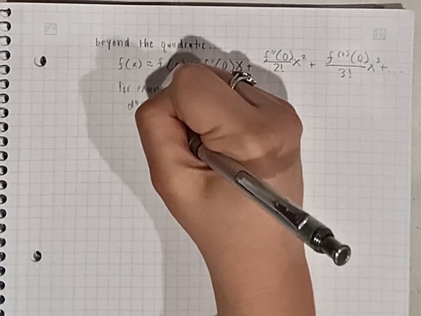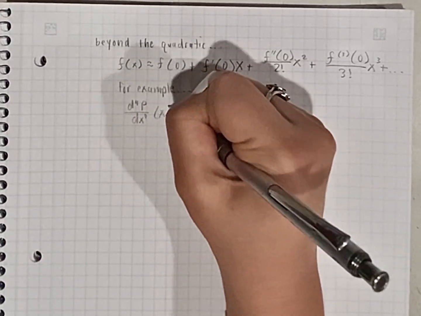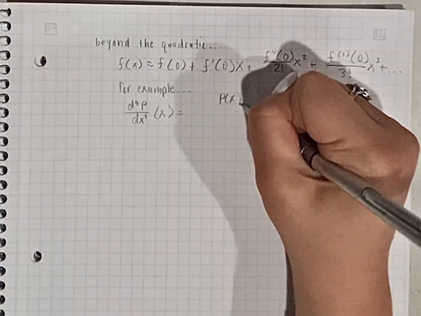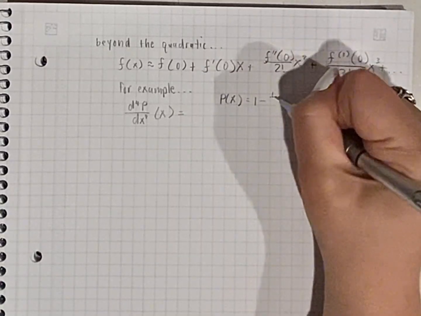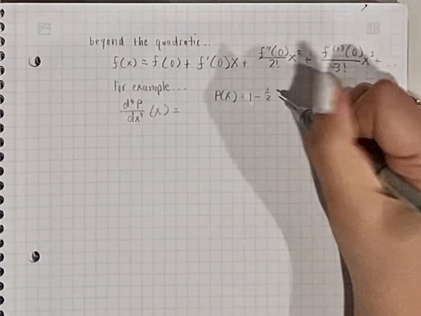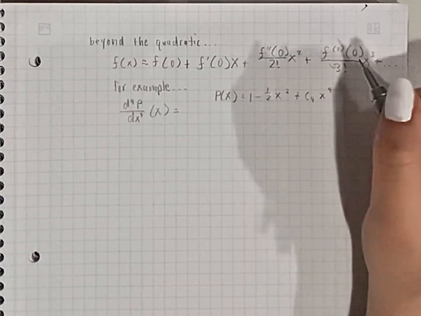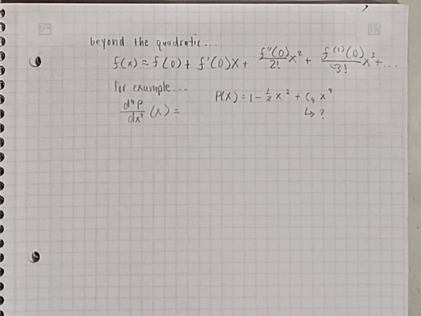We originally had p of x equals 1 minus 1/2 x squared. The third derivative of cosine is sine of 0, which just equals 0. But now we take the fourth derivative of our polynomial, and what do we get?